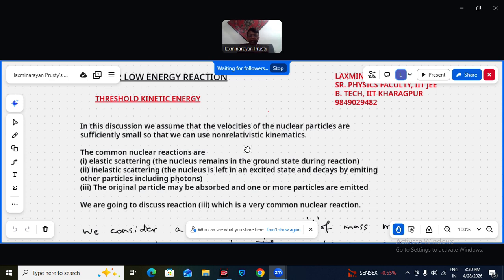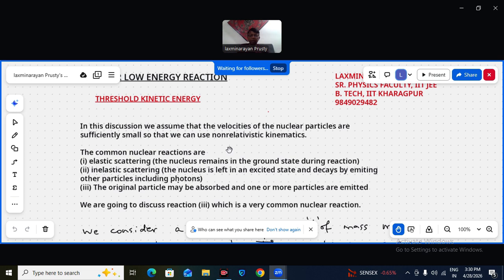Higher energy states are of the order of MeV, so obviously it is quite a sizable energy. Ground state means it is in the lowest energy state. The nucleus has not been raised to the next quantum state.